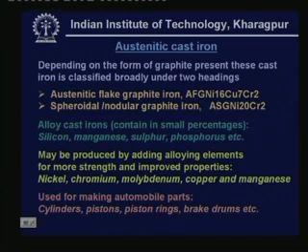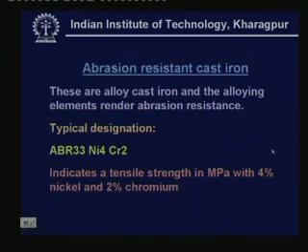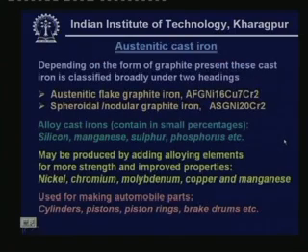So AFG is austenitic flake graphite, and the other elements contained in this type of cast iron are given as nickel, copper and chromium.